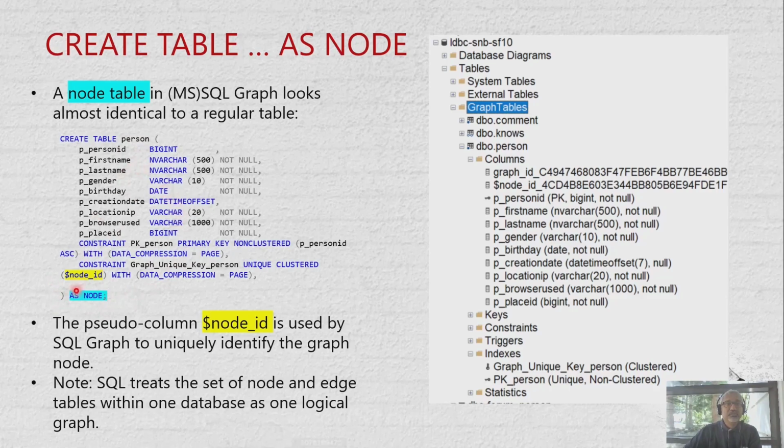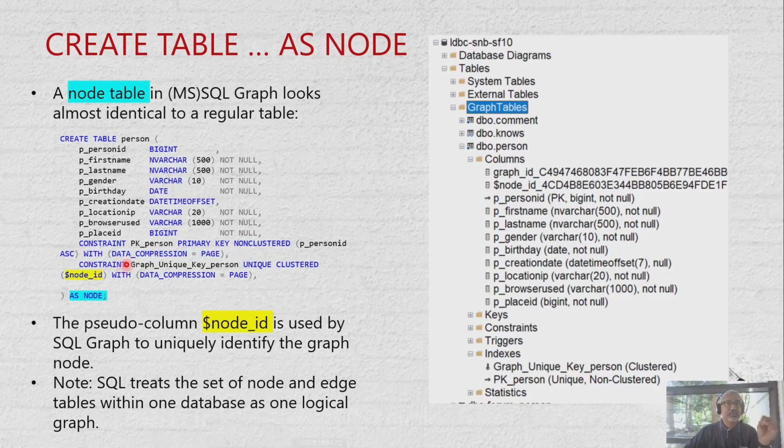The main difference between regular or traditional tables and node tables is the addition of an internal column called $node_id. Think of this as a unique identifier that SQL Graph uses to represent that node in the table.